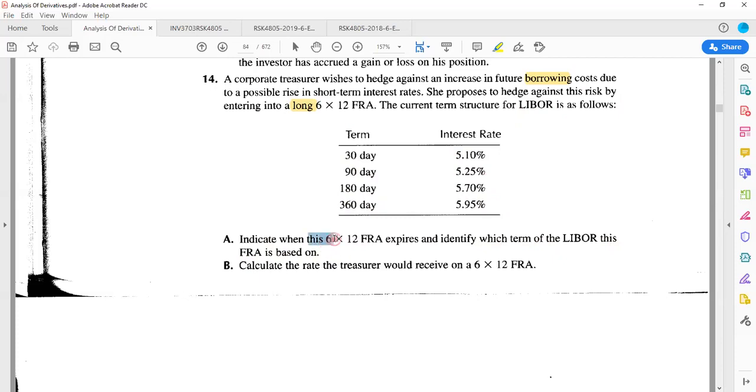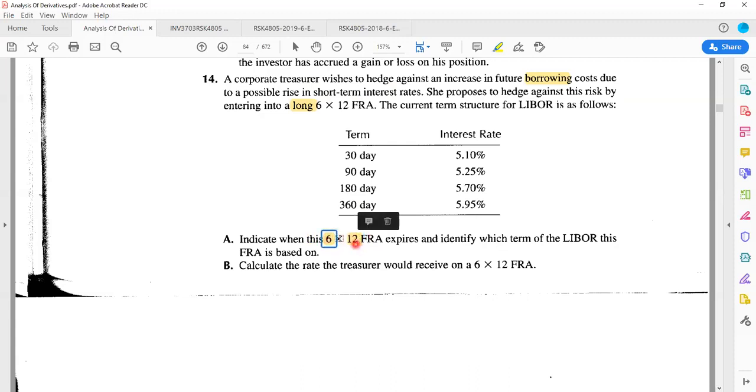So this FRA expires in 6 months because that's the first number we have there. In 6 months, it expires in 180 days. And it's based on the number of days you want to borrow or lend for. This corporate treasurer wants to borrow for 6 to 12 months. So the underlying LIBOR is based on 12 minus 6 months.